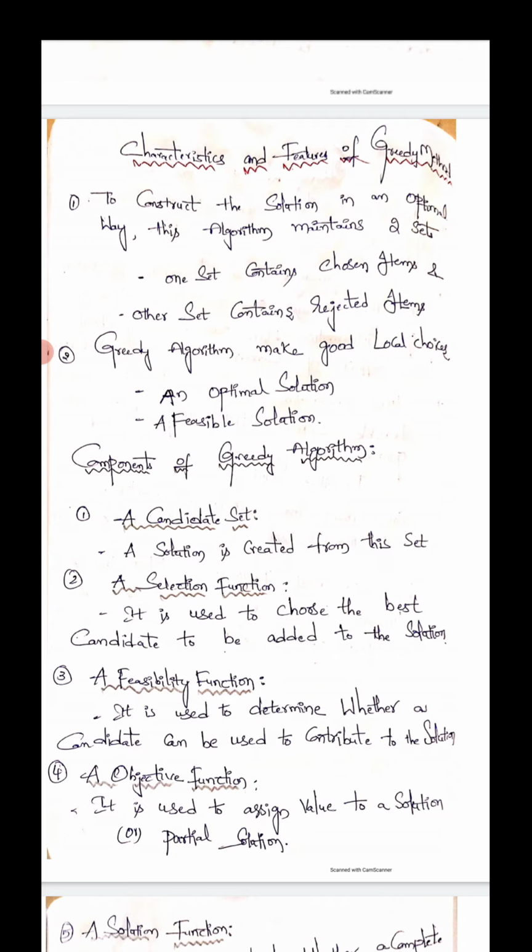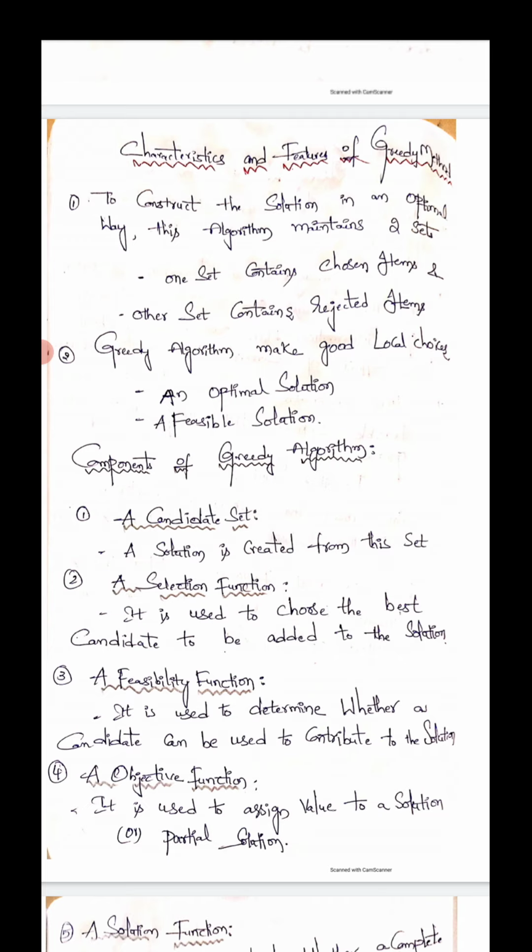Coming to the feasible solution, what is its meaning? A problem will have n inputs. If we have some constraints, in the sense some conditions, then any subset that satisfies these constraints is called a feasible solution.